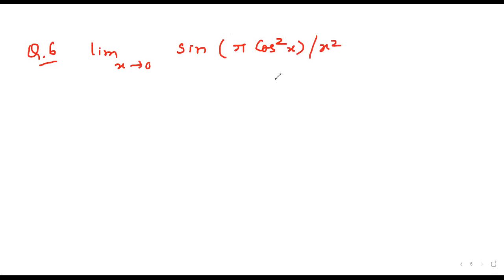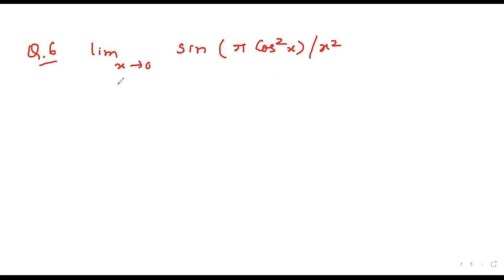Now let's consider question number 6. Question number 6 says limit x tends to 0, sine pi cos square x divided by x square.